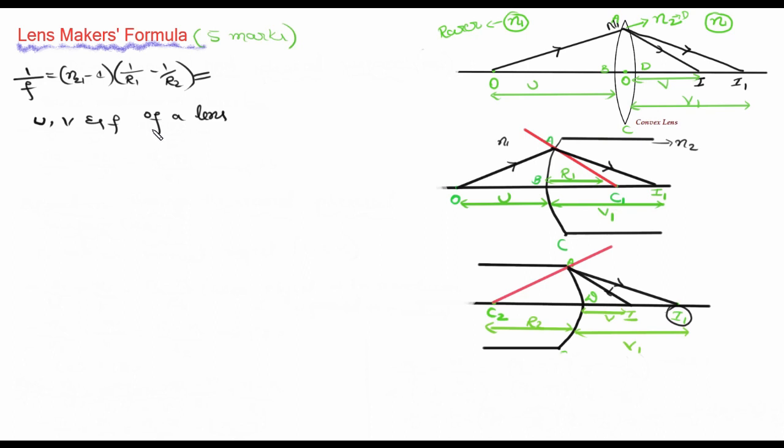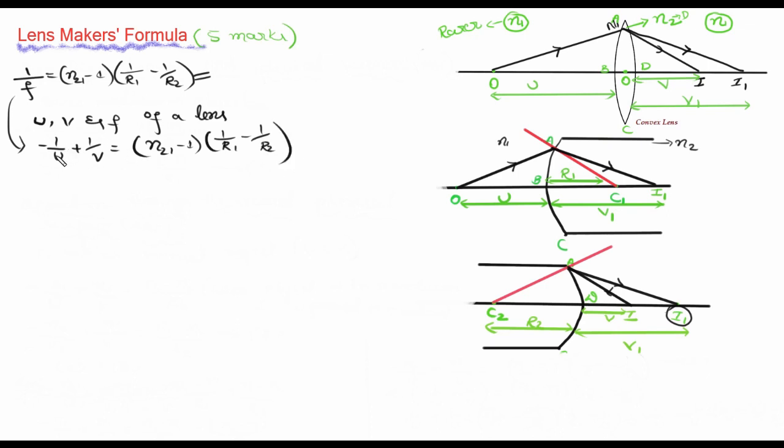One method is you can continue from here itself. The previous step of this equation is minus 1 by u plus 1 by v is equal to n21 minus 1 into 1 by r1 minus 1 by r2.